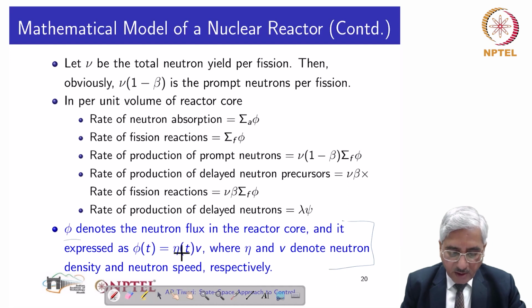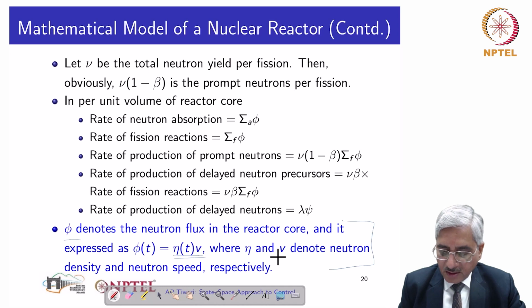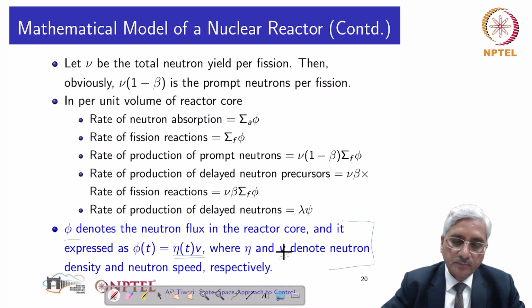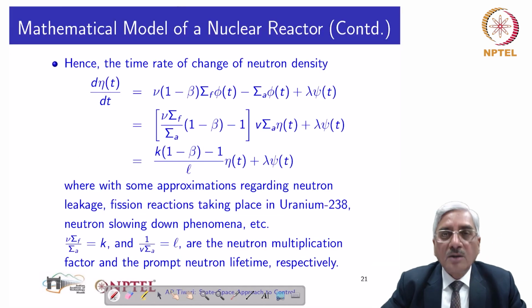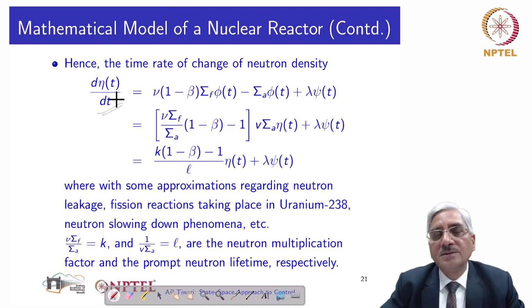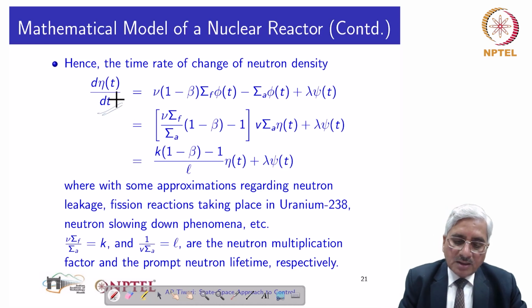The phi is a product of neutron density and velocity. Neutron density is the number of neutrons per unit volume, per centimeter cube, and v is the velocity of the neutrons. We assume uniform velocity. Now if we see the neutron balance, the neutron density in the core changes like this.